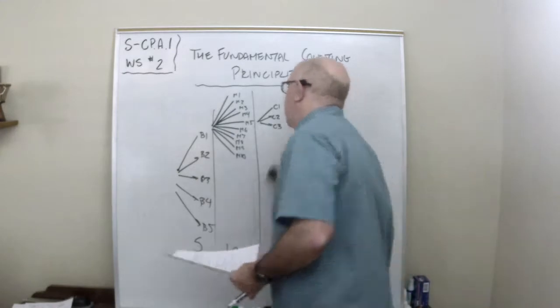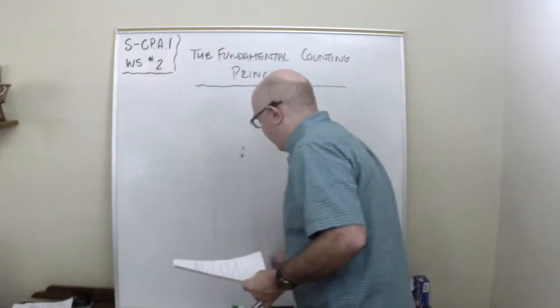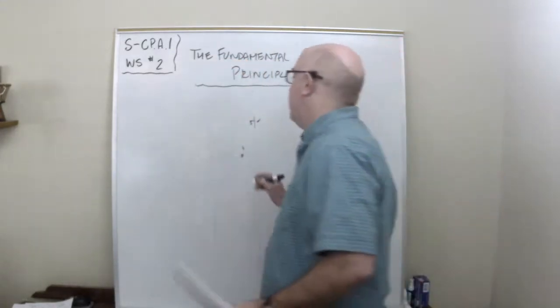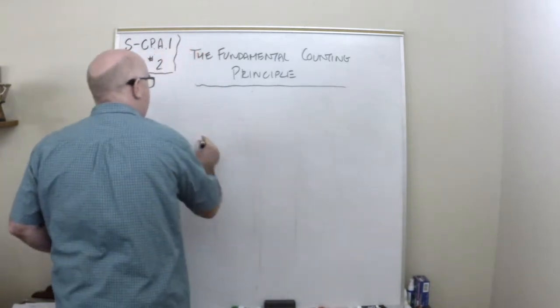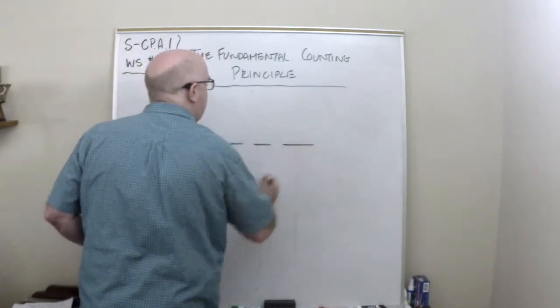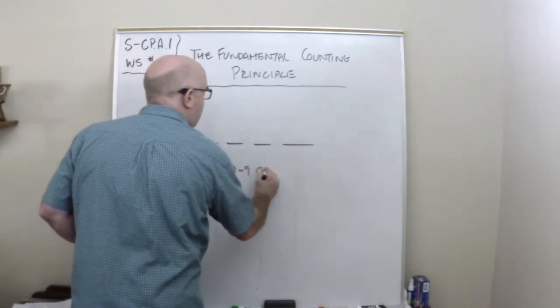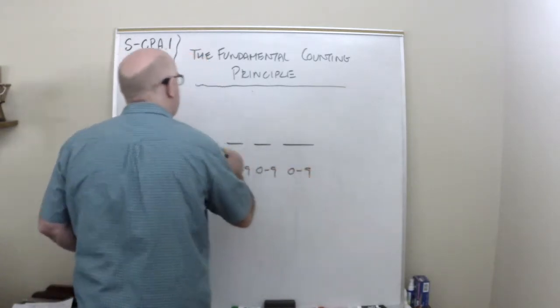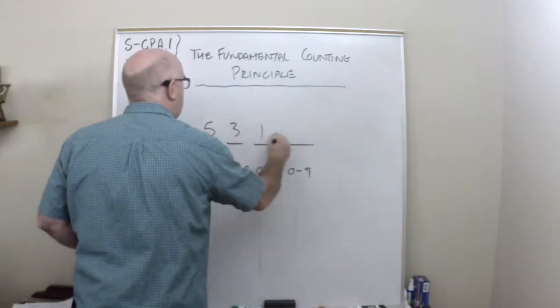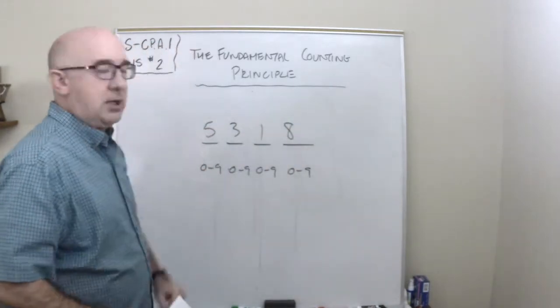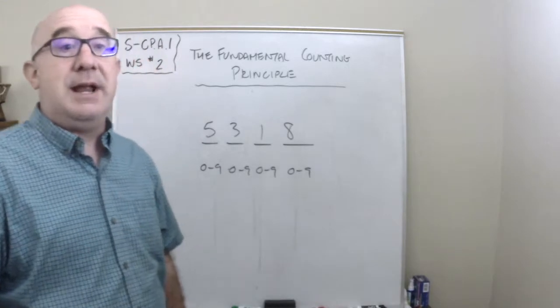Now the last thing I'll say to you, and it's the ones that are often done incorrectly, is they'll say, how many lock combinations? Here's a 0 through 9, 0 through 9, 0 through 9, 0 through 9. Here's a combination on a lock, 5, 3, 1, 8.